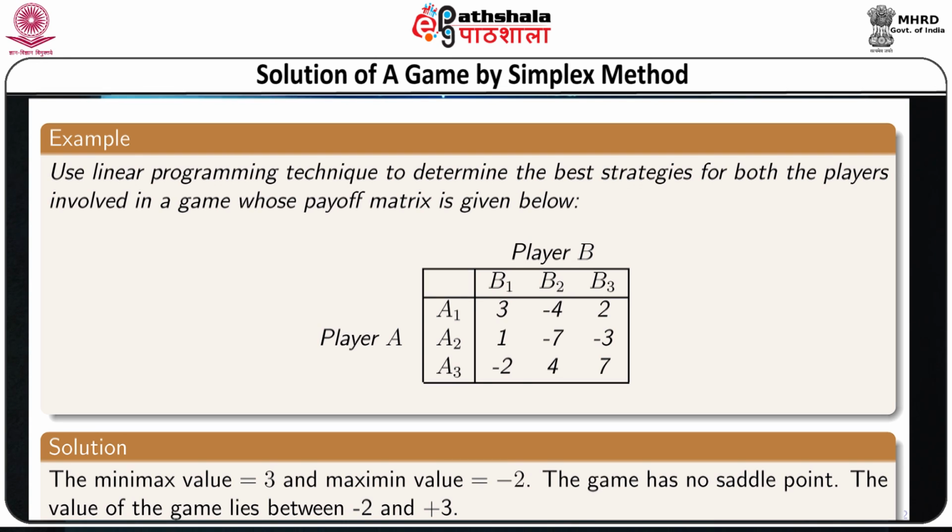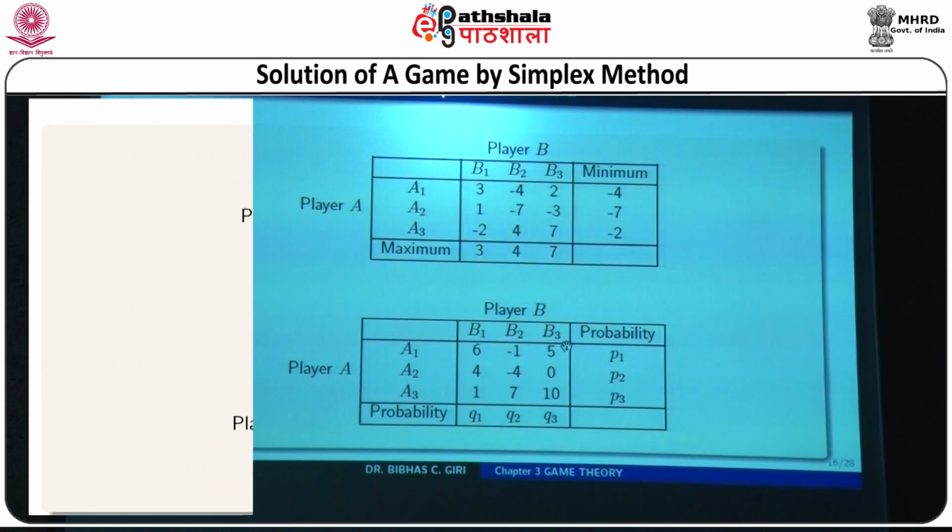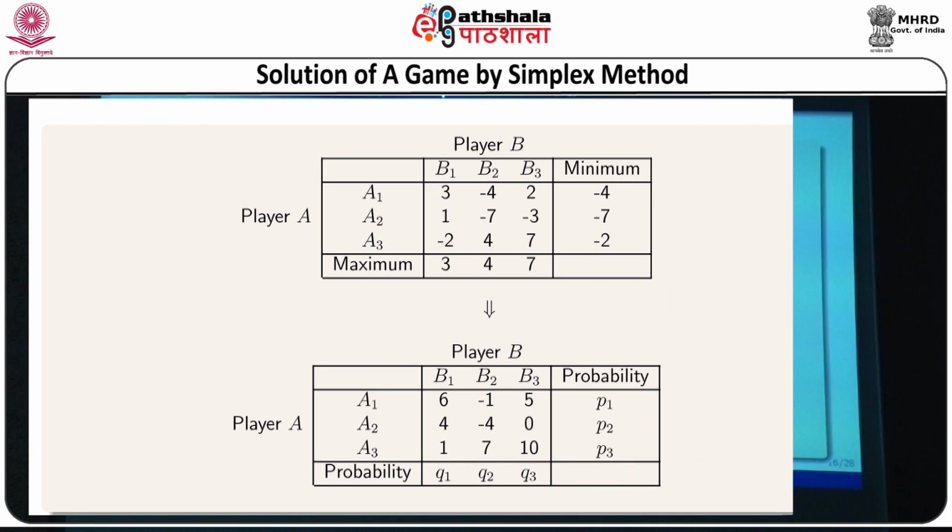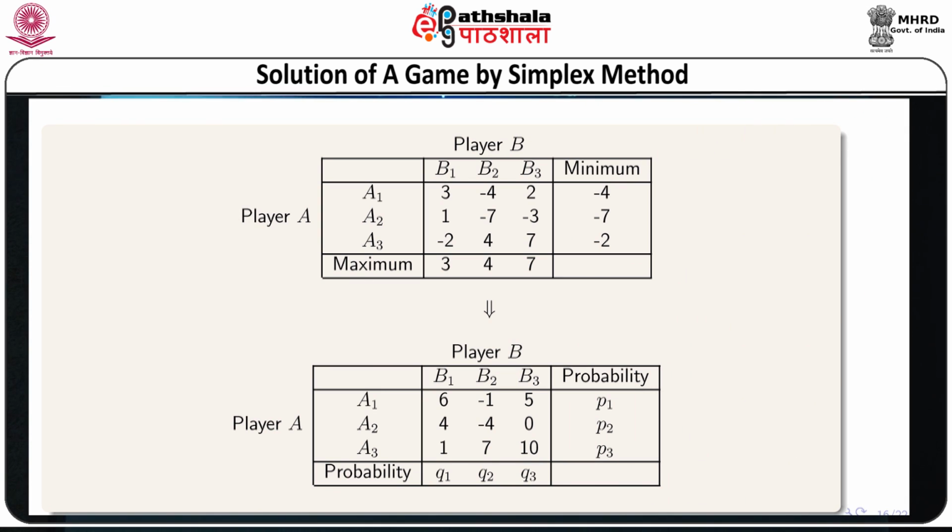So, there is a possibility that the value of the game can be 0 or negative. So, we add a constant 3 to all the elements of this payoff matrix. Then the revised payoff matrix is given in the first table of the slide.